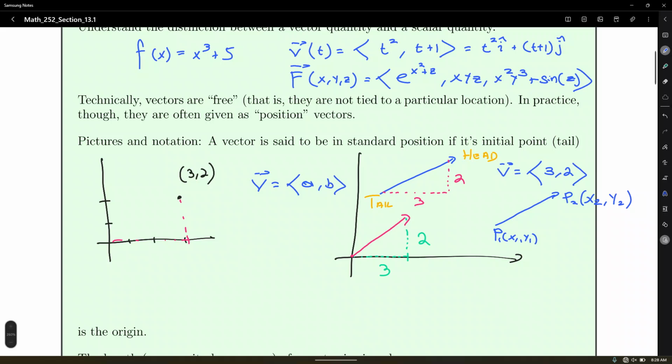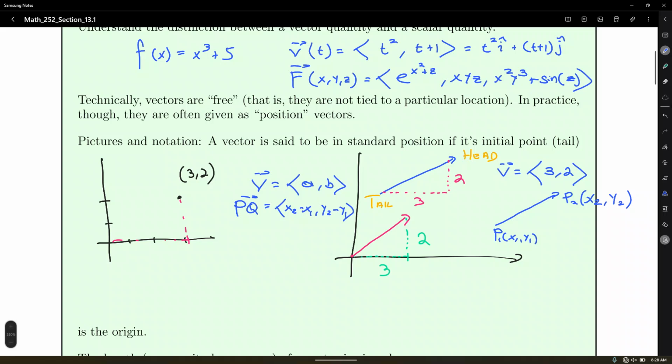If we define a vector as a segment using two points, that's going to be x2 minus x1 comma y2 minus y1, essentially terminal minus initial. So the thing here is, if you still plot this same vector somewhere else using other points, you will still get the same components, 3, 2, 3, 2, 3, 2.